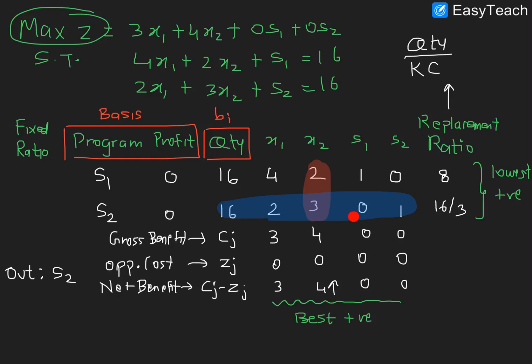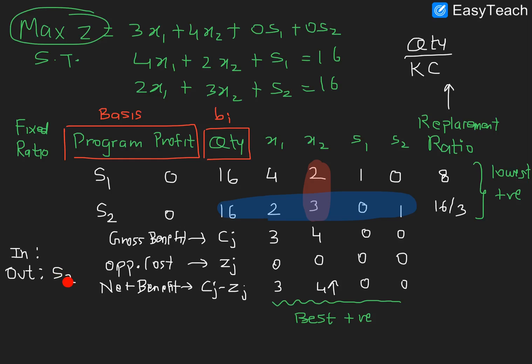So when I say labor hours are fully consumed, S2 should not be over here. S2 should be kicked out of the solution, and in its place we are going to have another variable, because x2 is coming in now. Initially in this table we didn't have x2 because we were not producing anything, but then we produced x2, and we produce x2 to so much extent that the labor is fully exhausted.